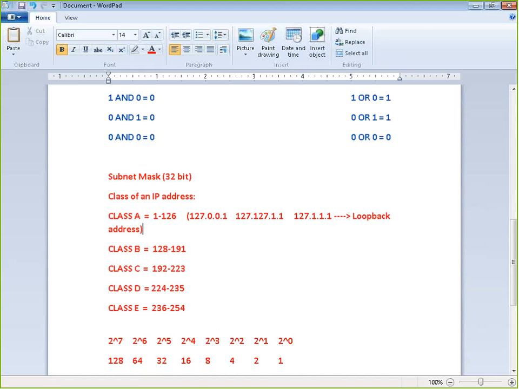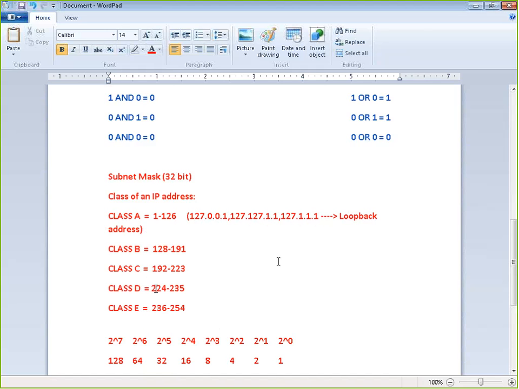Any IP address that starts off with a value of 127 is called a loopback address. These are some examples of loopback addresses that I gave you. But everything else would be a regular address. Anything that starts off with 127 in the first octet is called a loopback address.